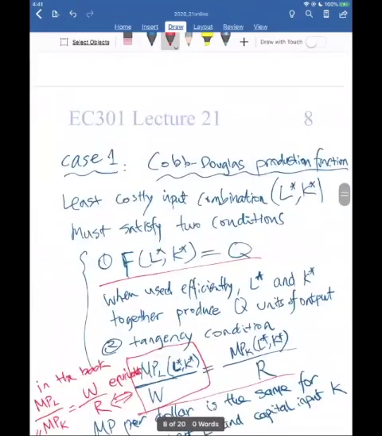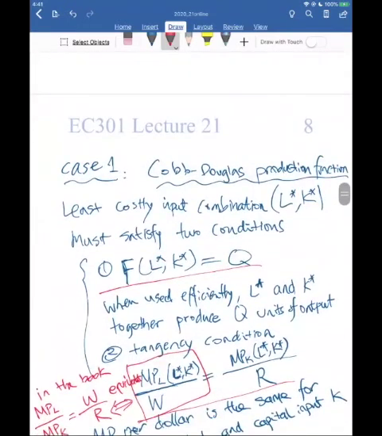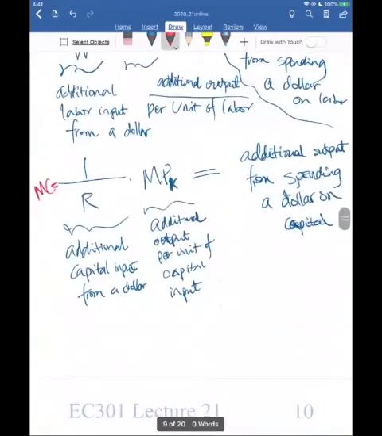I emphasize again, this is the case with a Cobb-Douglas production function. But if you have a production function that's not Cobb-Douglas, this is not the way to go. Let's talk about the other two special cases.